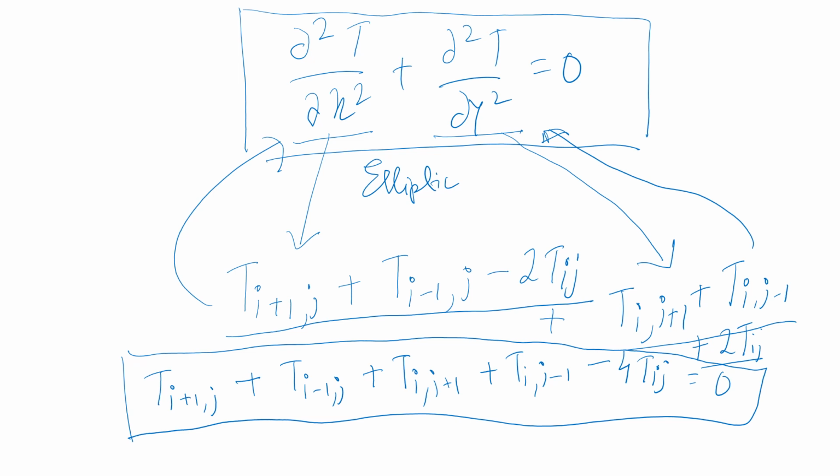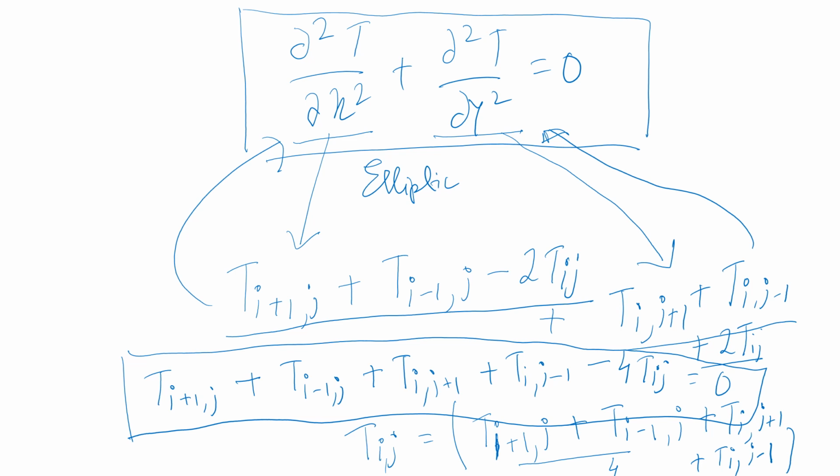And then you can write that T subscript ij is equal to Ti plus 1 j plus Ti minus 1 j plus Ti comma j plus 1 plus Ti comma j minus 1, whole divided by 4.